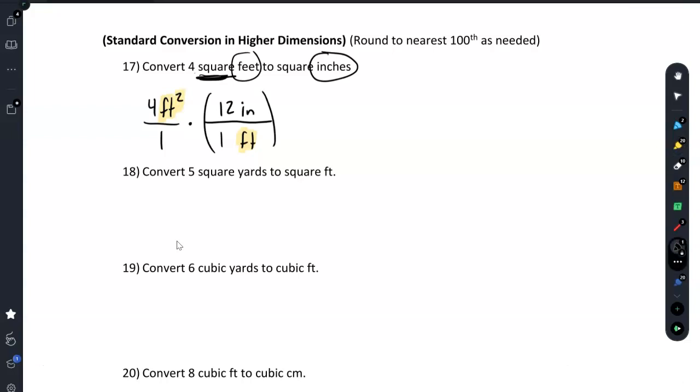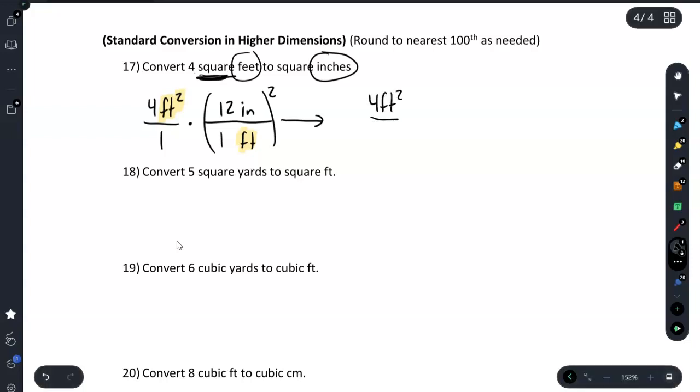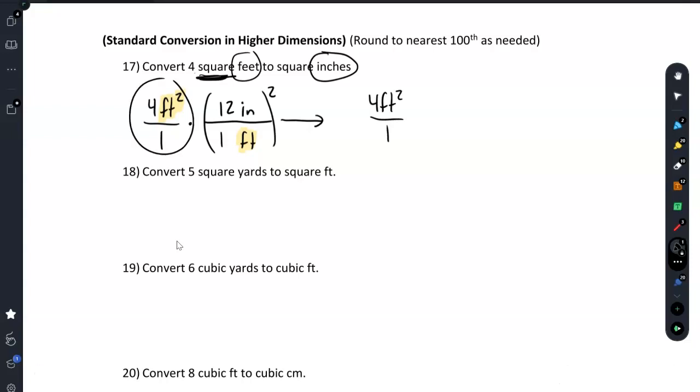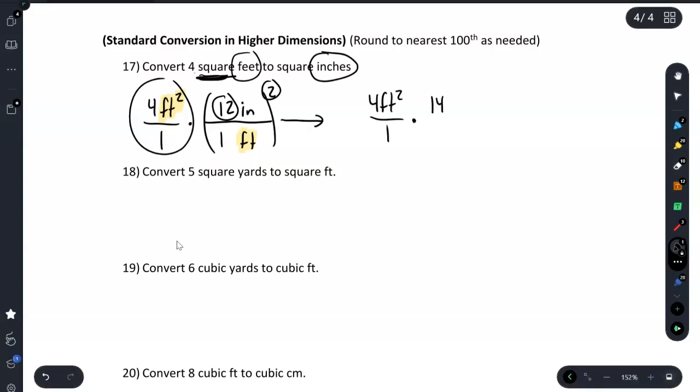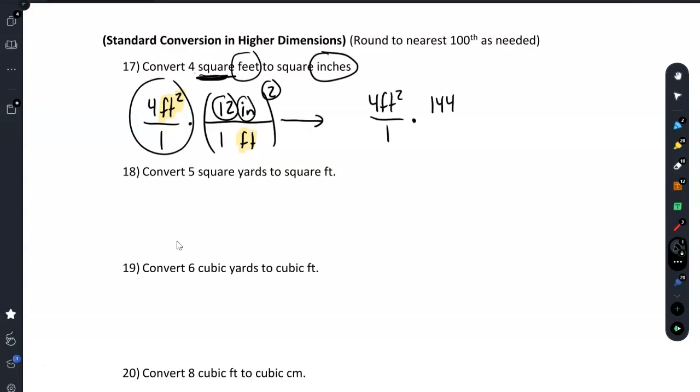What I'm going to do is square this fraction, and if I do that, now I have 4 feet squared over 1, times 12 squared is 144, and inches squared is just inches squared. On bottom, 1 squared is just 1, and then feet squared gives me feet squared.